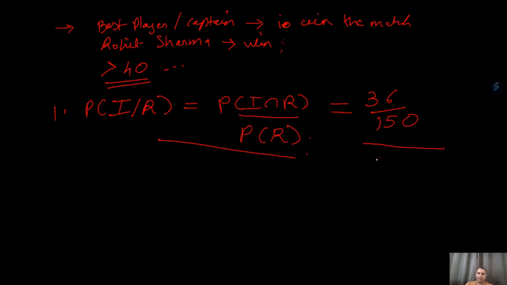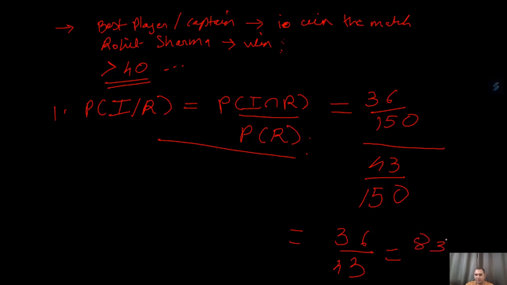So we saw that the number was around 43. So 43 upon 150. So the probability is 36 upon 43. 83% is what we are looking at. 0.83.